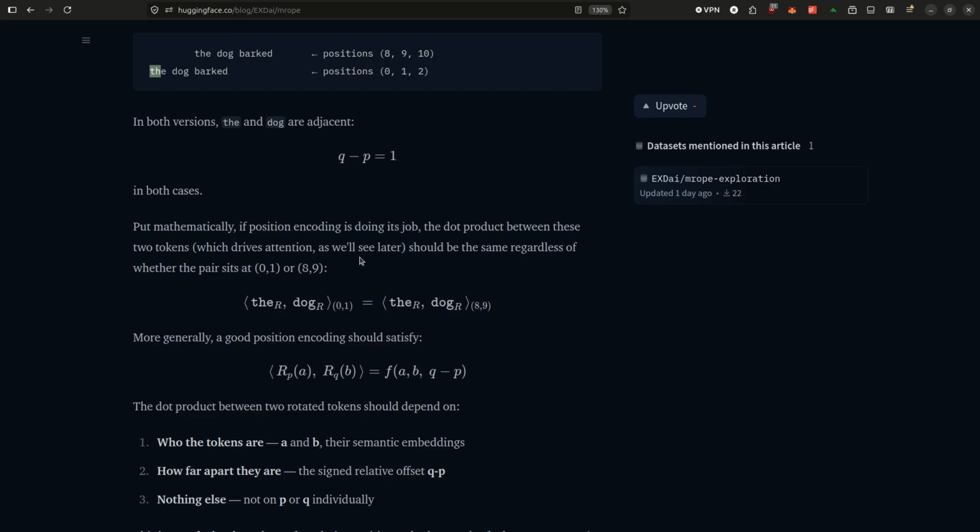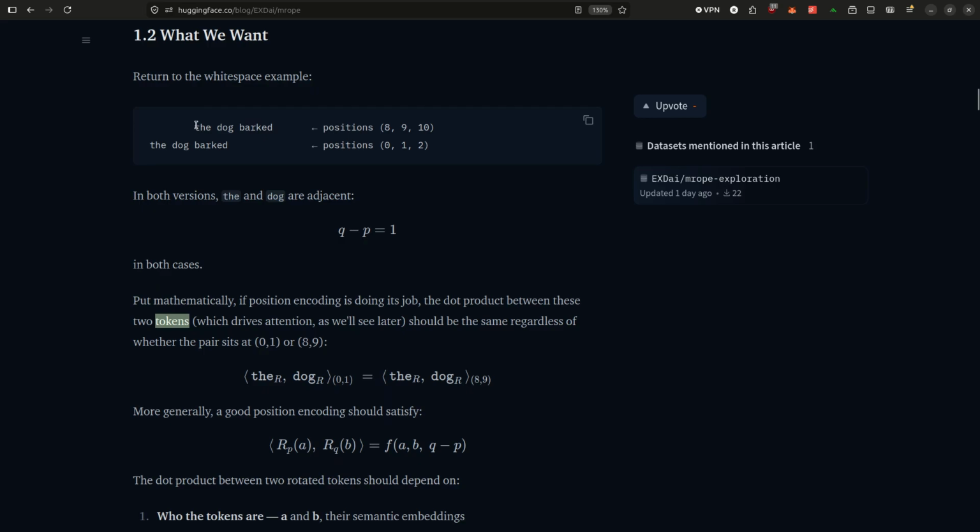And it so happens, if positional encoding is doing its job, we want the dot product between these two vectors. I've written tokens here, but what I mean is vectors that represent the tokens, to be the same, whether it is in positions 8 and 9, like here, or positions 0 and 1, like here.